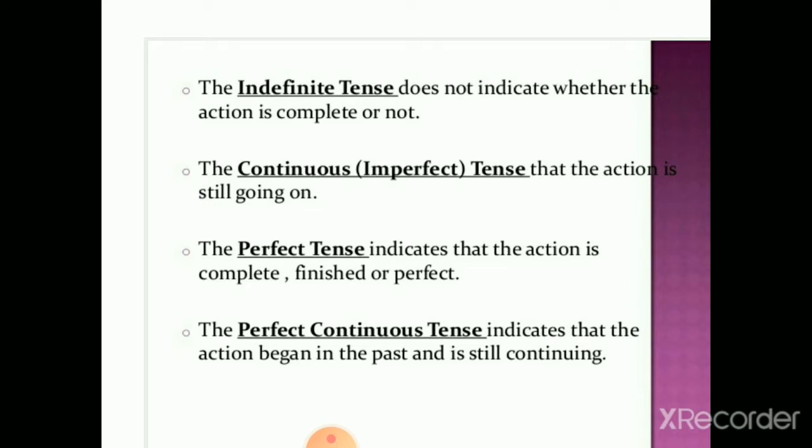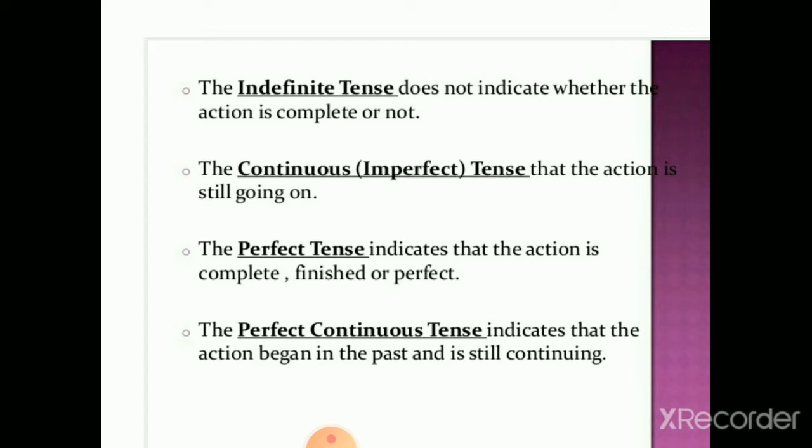Indefinite tense. The indefinite means which is not definite, and in this tense we don't know whether the action is completed or not. That's why it is called indefinite. Continuous means a thing that is in progress, that is in continuity, that is still going on.